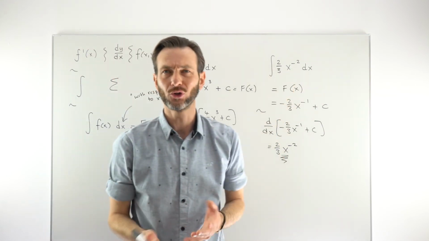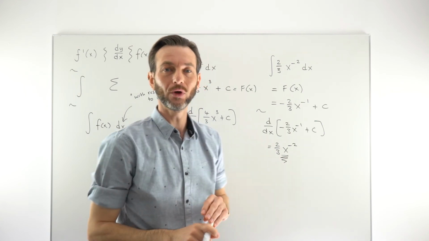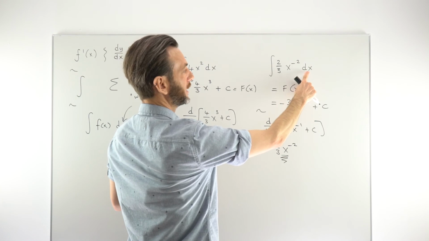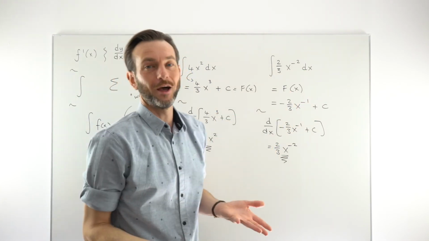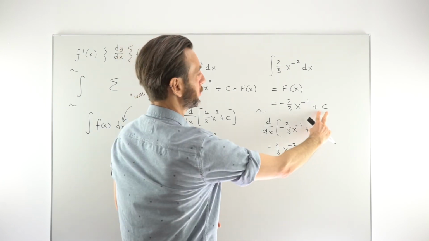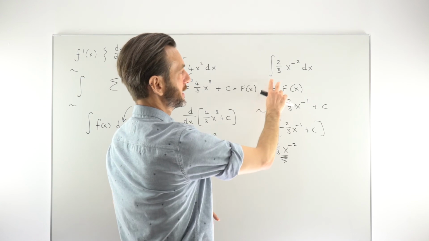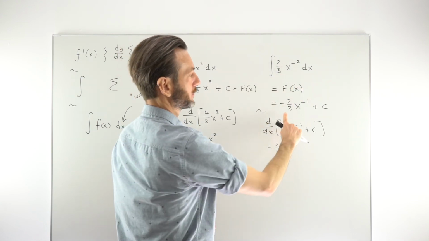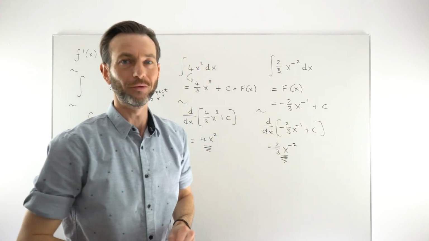In fact, I think all of the functions you're going to see in this course are single variable functions. So this is just going to be a notational thing that you write on every time. It becomes a bit of a habit, in the same way the plus c will become a habit. But this is telling you to integrate that function with respect to x to find the antiderivative, which is that function there.